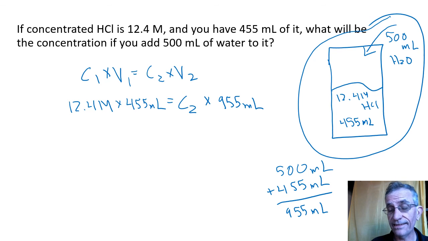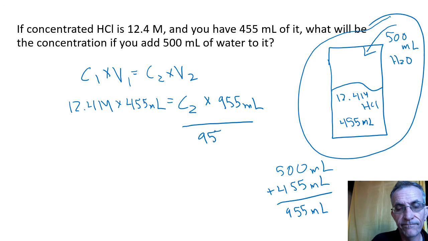All right, so now that we have everything in the right place, I think that was the hard part. Now the math is just like before. Go ahead and solve for C2. You would divide by 955. Why? Because I want that to cancel. If you do it on the right, you've got to do it on the left.